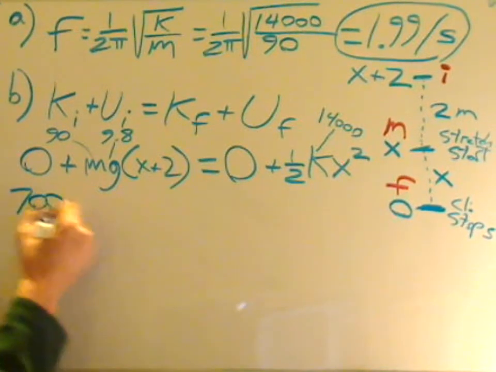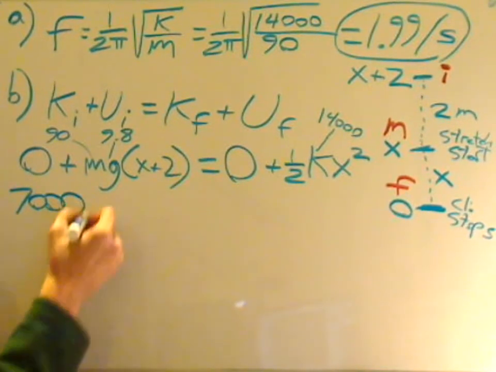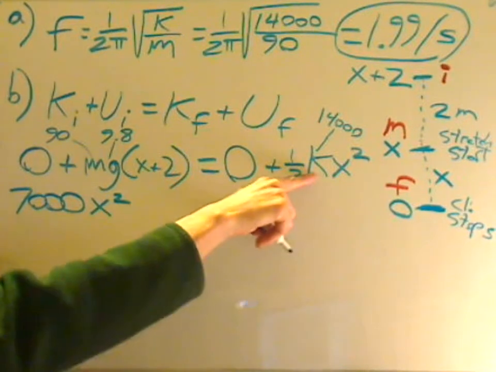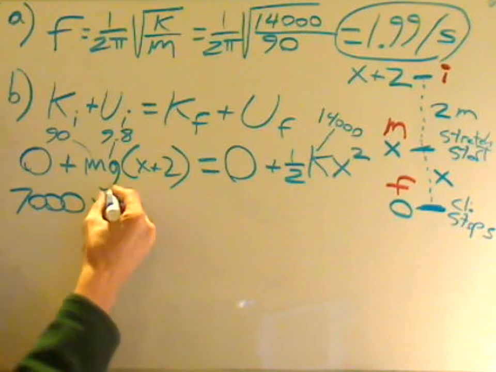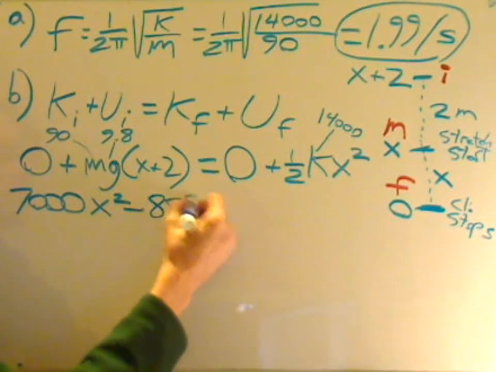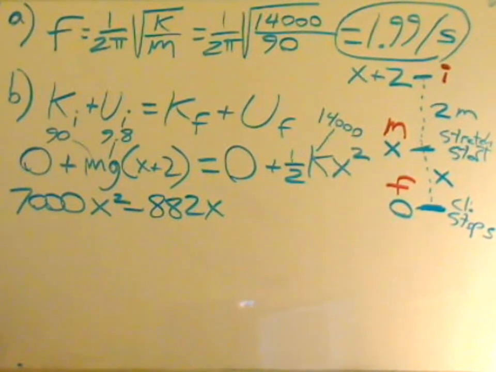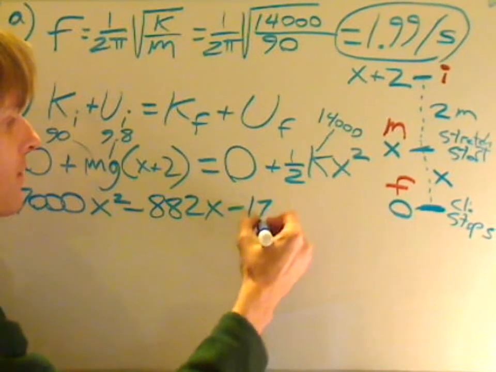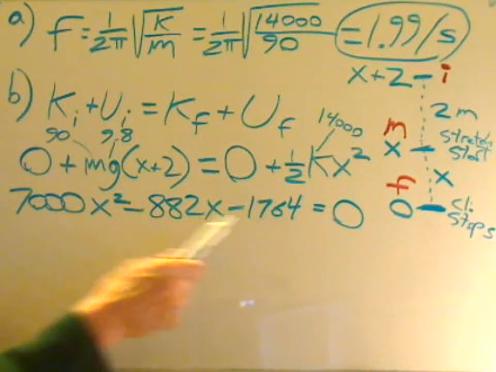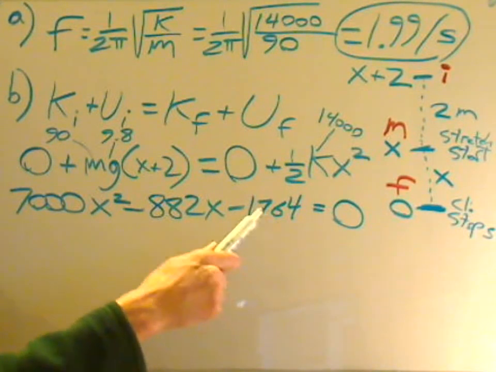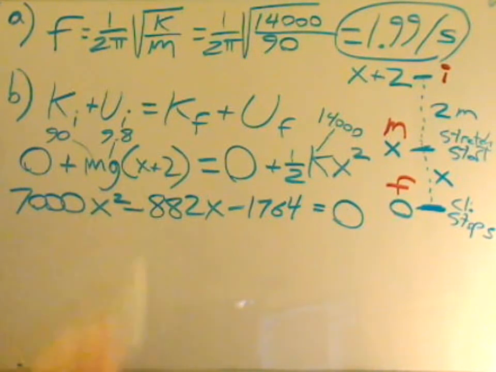It's 7,000 x squared, so that's what you get from this. And then once you bring this over to this side, you get minus 882x minus 1764, and that equals 0. Okay, so this 882x and 1764 comes from multiplying this out here. Okay, so that's a quadratic equation, and we need to use the quadratic formula to solve this.